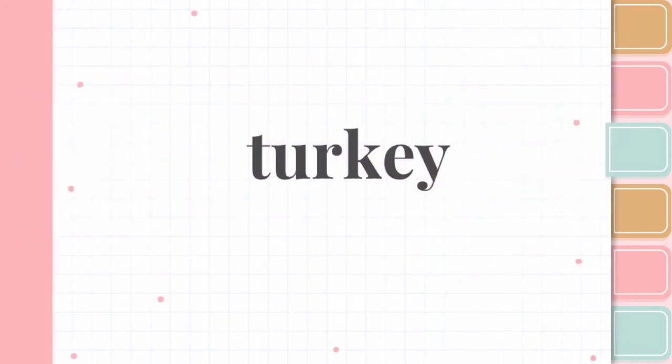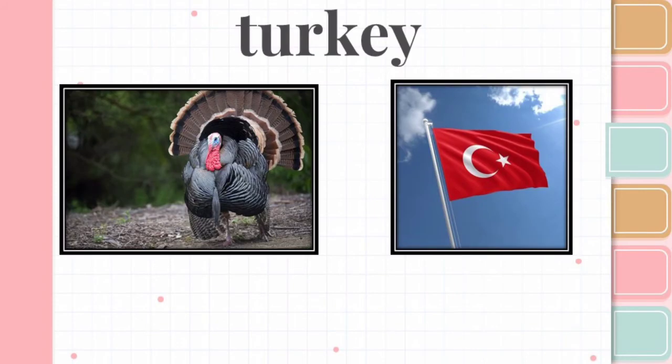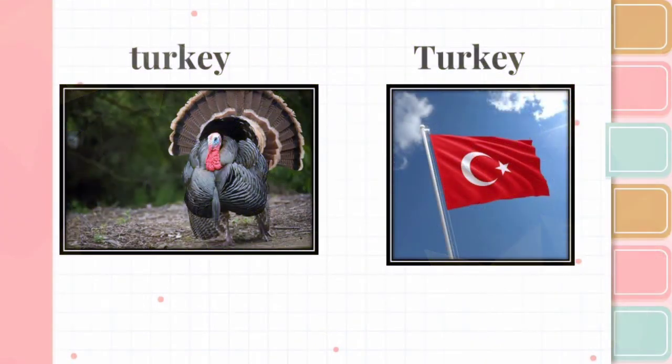What about this word? Did I mean an animal or a country? So as you can see, here is one of the examples why capital letter is important. This is the way how capital letter gives different meaning for two words.